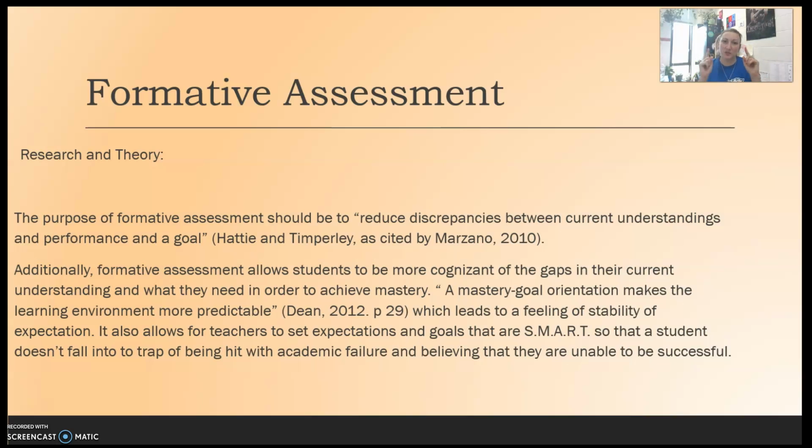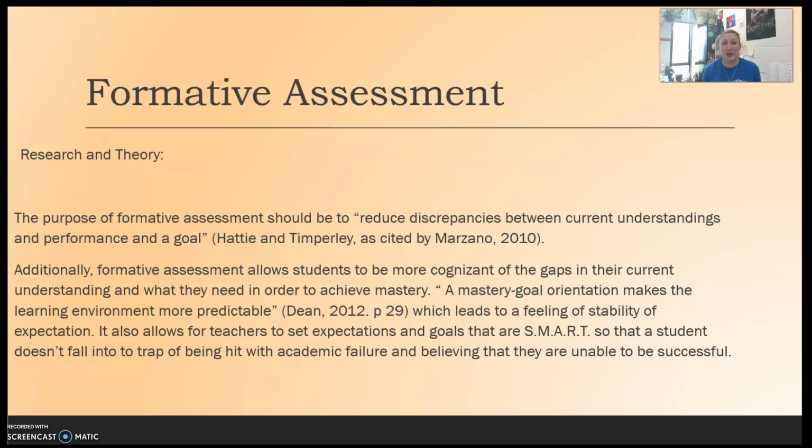So it gives us a chance to really look at how we are doing as teachers and how the students are doing at learning the material as well. It also can be used for your students to understand how they're doing as students. So we reflect on our own teaching, but guess what? Your students are reflecting on their learning just as much.